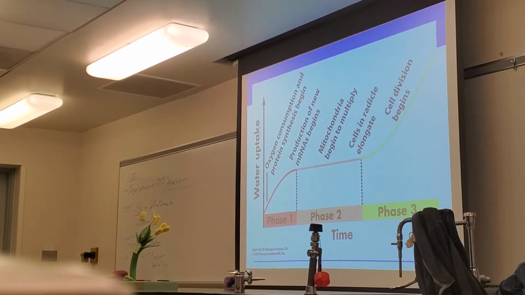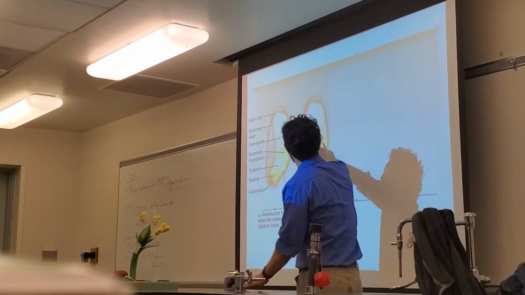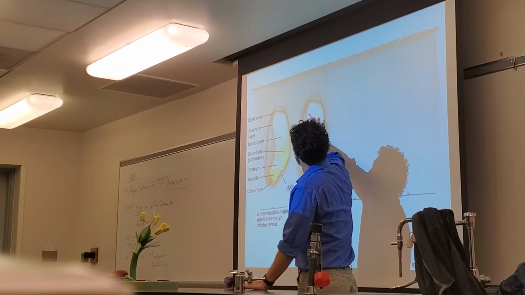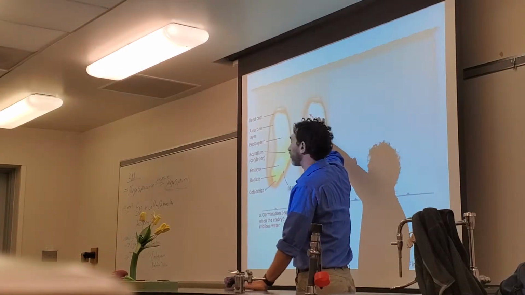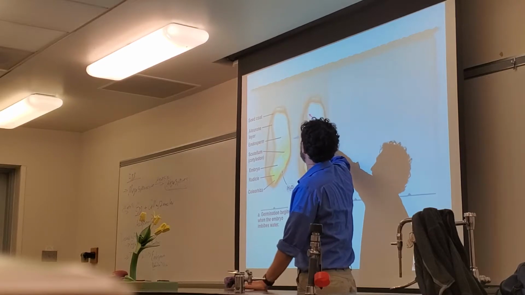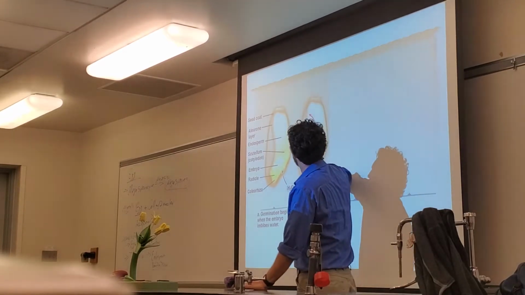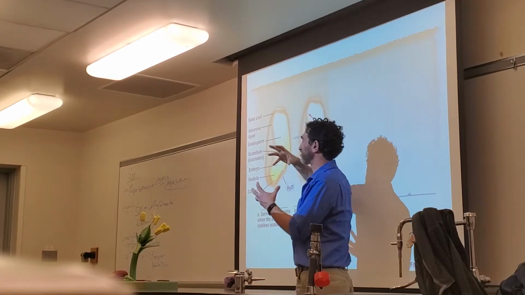I've got an image of this here. Okay, water enters. Embryo produces this hormone called gibberellin, and what's going on here is the starches in here aren't easily catalyzed or metabolized by the embryo because they're being stored.